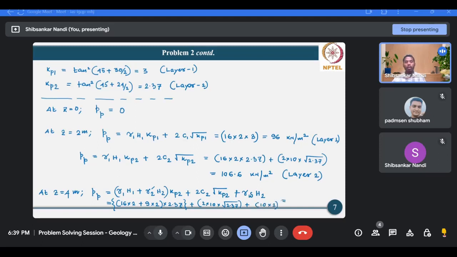So we'll calculate part by part. First, the first two components: 16 into 2 plus 9 into 2, into 2.37, plus 20 into root under 2.37.